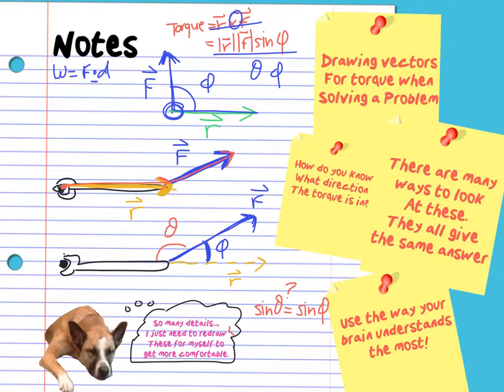So I have two vectors, but if I want to find phi, the angle between them, all I would do is take this vector and move it over here, with a dotted line. It would go like this, which is what I drew right there, and this would be phi.